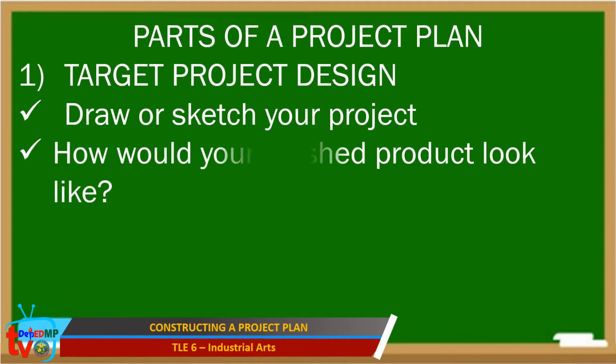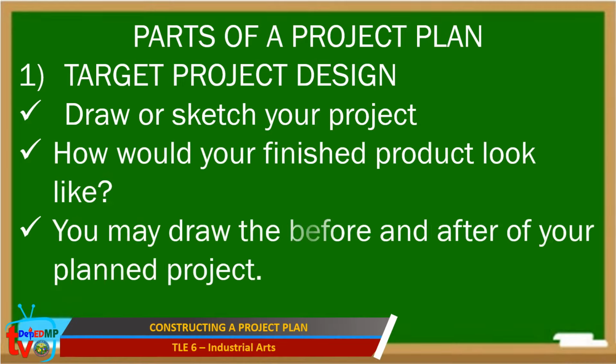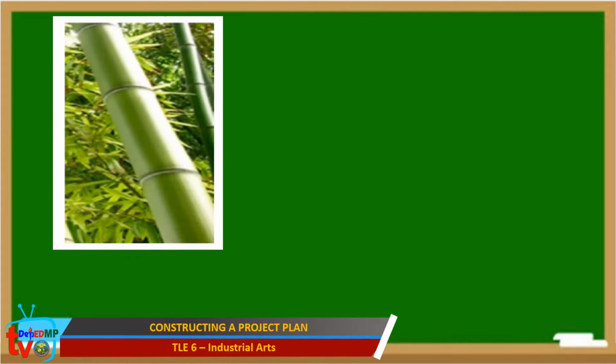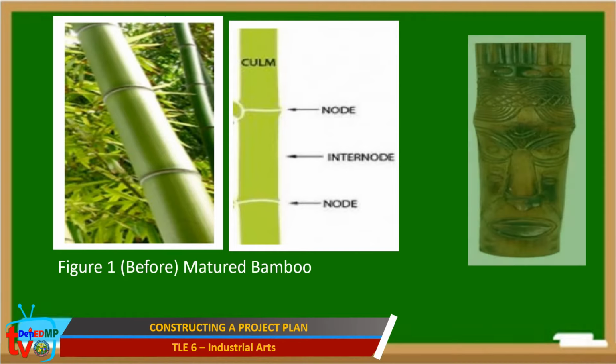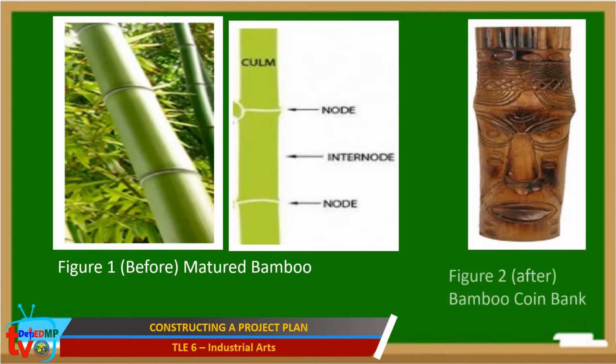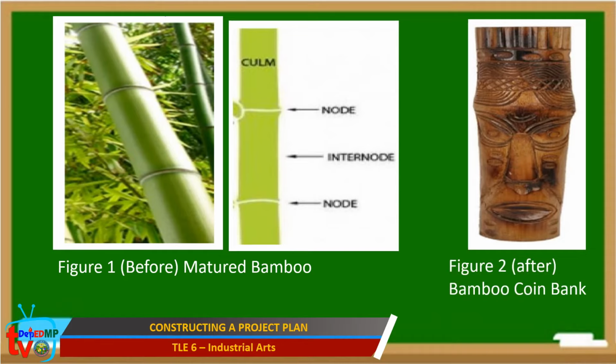You are to illustrate how your finished product would look like. You may also draw the before and after of your planned project. In this example, Figure 1 shows the raw material or the matured bamboo. Figure 2 shows the target finished product, which is a bamboo coin bank.